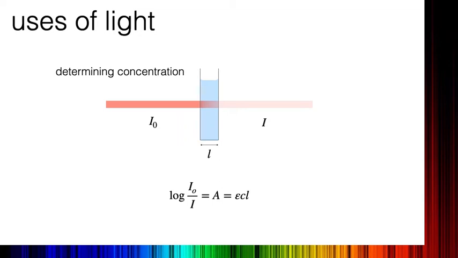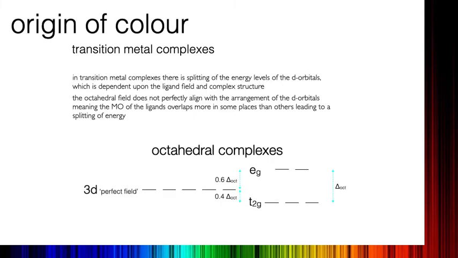Now, we've seen for methylene blue, that's relatively big, 78,000, but in cases where my transitions are nominally disallowed, it's going to be much lower. If I look at octahedral complexes here, what happens is I have this 3D orbital, which is actually split into two energy levels because of the environment around that central atom. This is coming from the molecules which are bonding to that central atom.